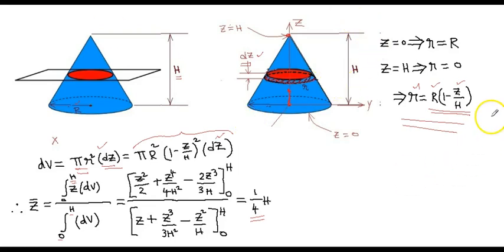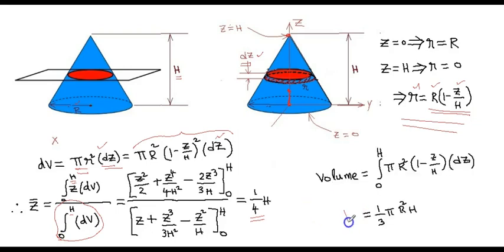In passing, we note that the integral in the denominator as shown here gives the volume of the right circular cone. The volume of the right circular cone is evaluated as V is 1 over 3 pi r squared h, which is a known result for us.